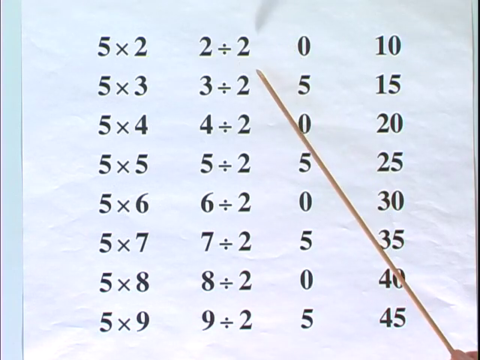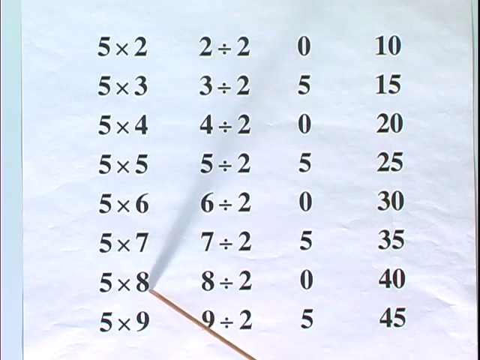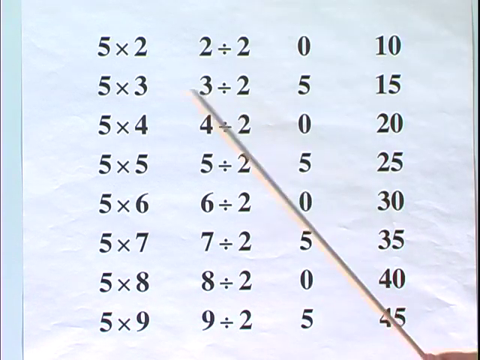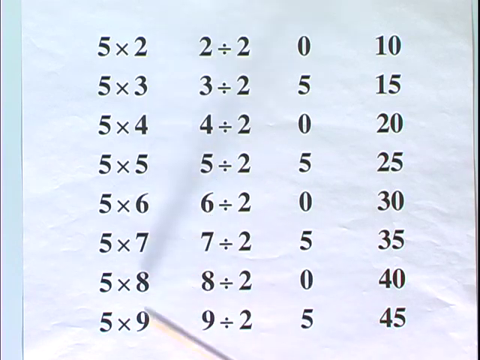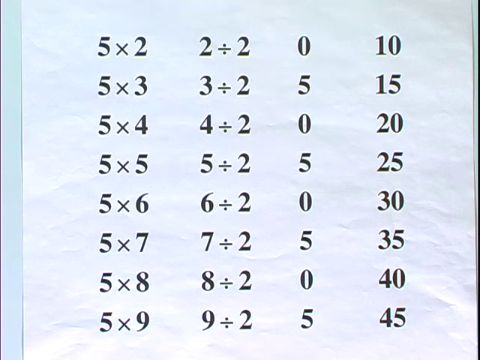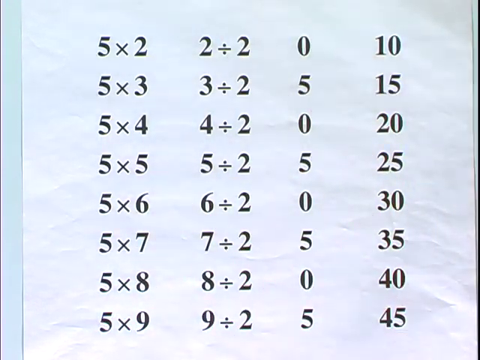And so multiplicon 2, 4, 6, and 8, the ones place is a 0. For multiplicon 3, 5, 7, and 9, the ones place is going to be a 5. Now we can duplicate this pencil and paper arithmetic by using our hands as a calculator.